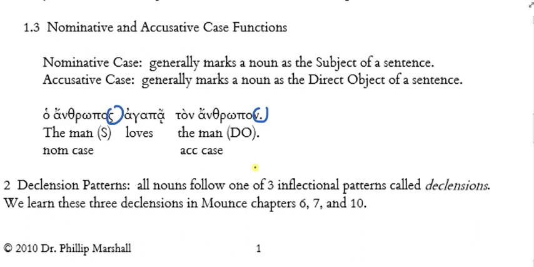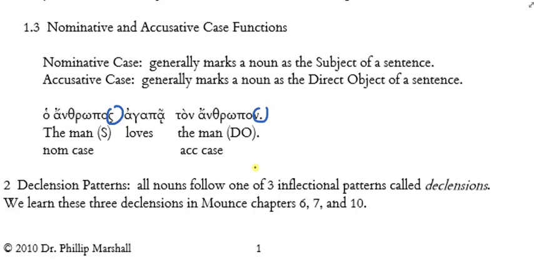Now this brings us to the concept of declension patterns. What is a declension? A declension is basically an orderly arrangement of how words, particularly nouns, form their inflections.